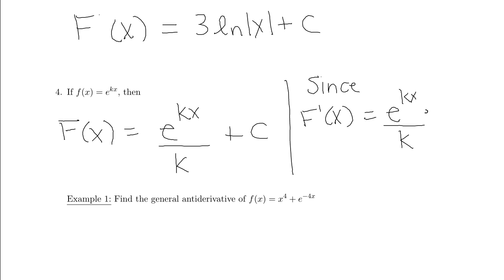But because it's more than just x in the exponent, I need to apply the chain rule, and I need to multiply by the derivative of the exponent. So the derivative of k times x is just k, and of course the derivative of plus c is just plus 0. So then these k's cancel, and we're left with just e to the kx, which is our little f of x, which is exactly what we wanted.